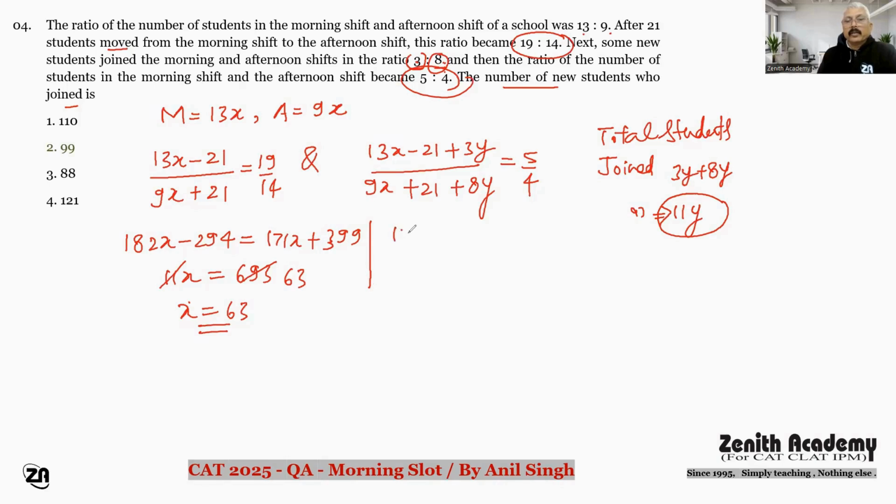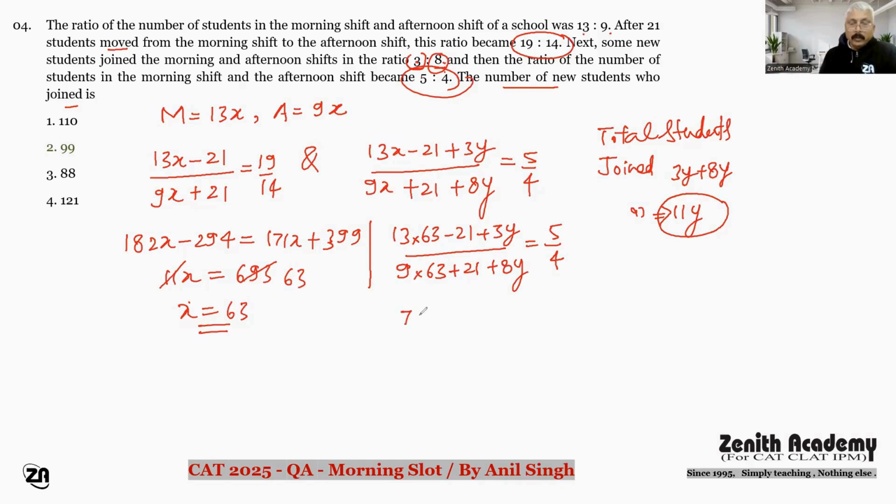It is 13 into 63 minus 21 plus 3y, upon 9 into 63 plus 21 plus 8y, equals 5 by 4. Do the cross multiplications. You can use the calculator also.